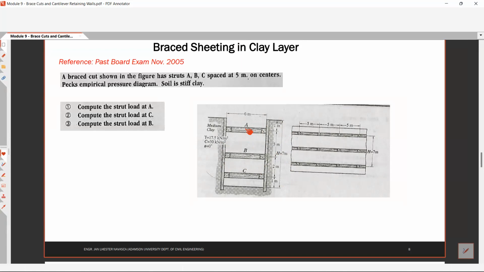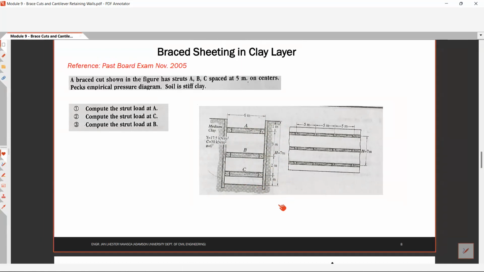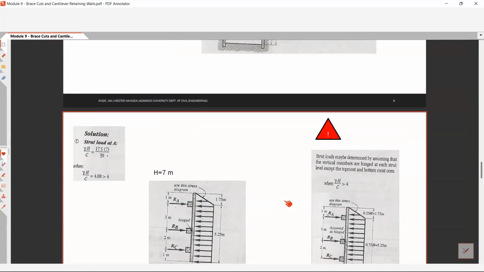The distance between strut A and strut B is 3 meters. And for strut B and strut C is 2 meters. And the distance from the ground level to strut A is 1 meter. And the distance of strut C to the bottom level is 1 meter. Okay, so ayan.